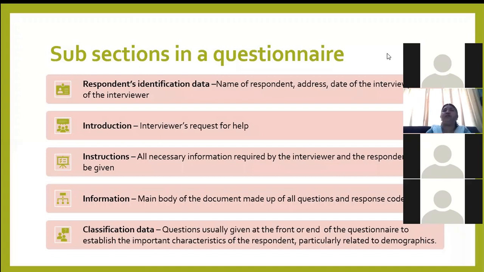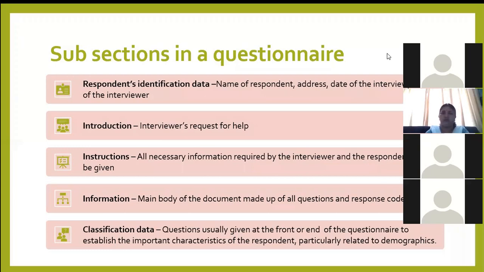All necessary information required by the interviewer and the respondent needs to be given in the questionnaire. That must be given. Proper instructions must be given in the questionnaire. And the next section is the information part. It is the main body of the document made up of all questions and response codes.